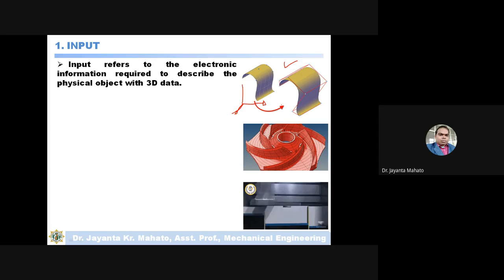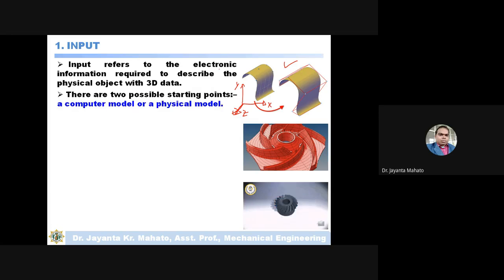Data along the x-axis, along the y-axis, and along the z-axis, all three dimensions' data are required to describe these physical objects.